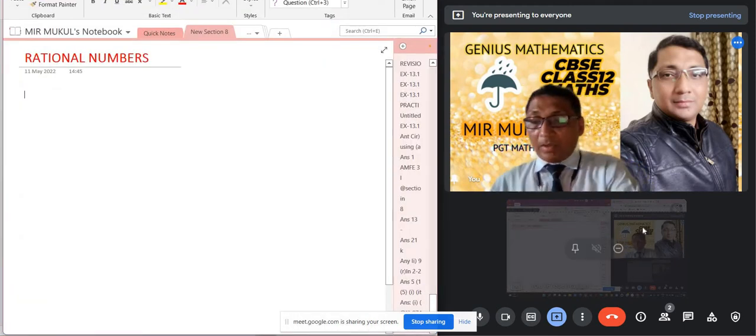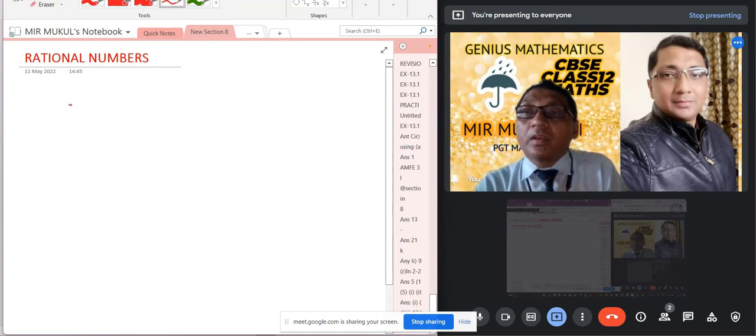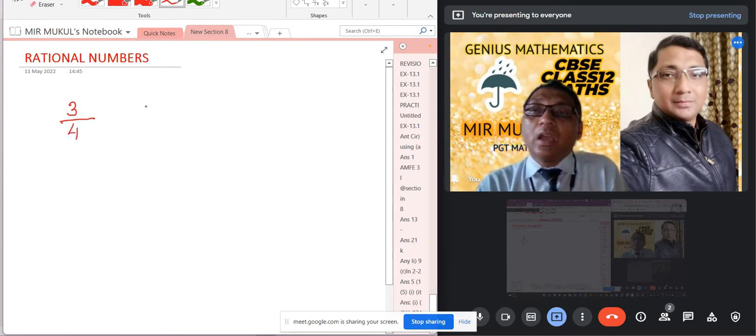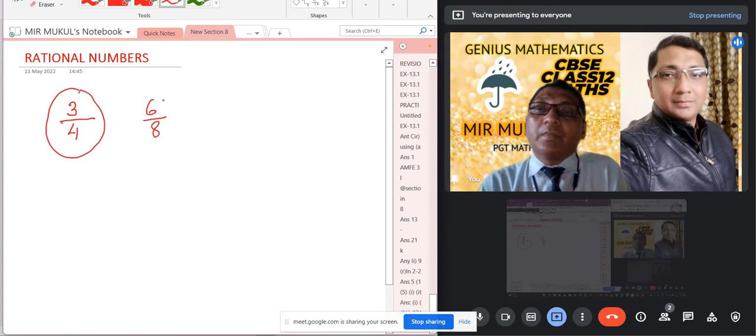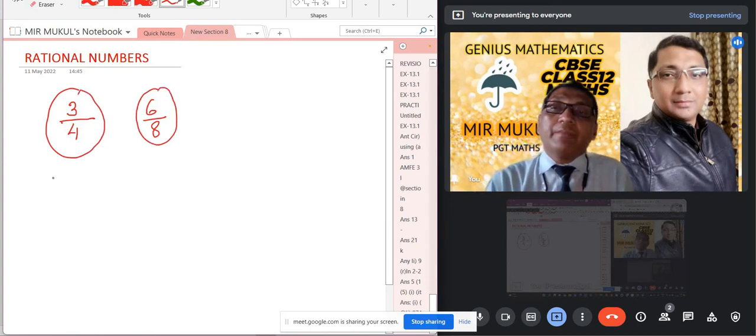Okay. So if we say 3 by 4 and 6 by 8. Both rational numbers, if you simplify, are giving the same value.